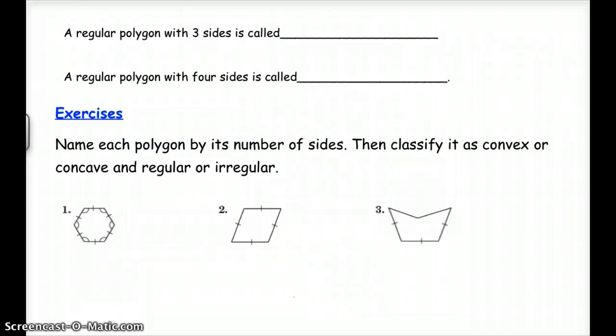So now I'm trying to think of a regular polygon with 3 sides. You maybe have written triangle down, but I'm looking for a special 3-sided figure. It needs to be regular, which means all sides are equal and all angles are equal. So I'm looking for the triangle that has all sides equal and all angles equal. And so you're probably at this point writing equilateral triangle down.